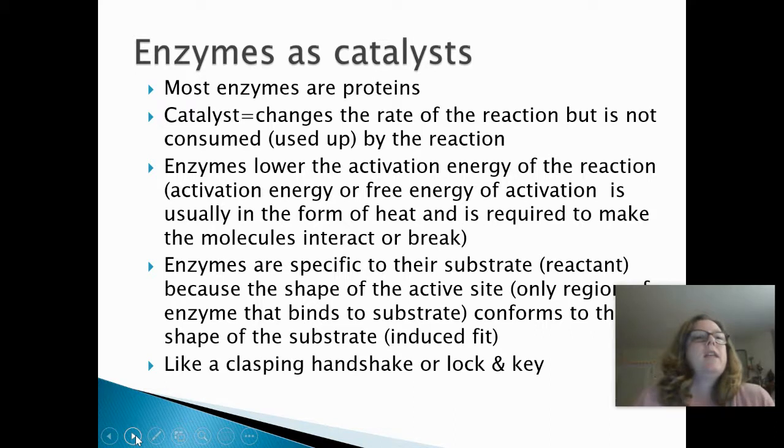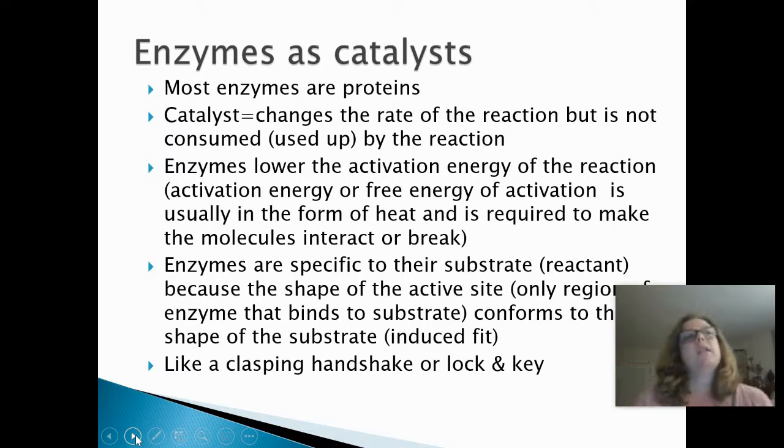All right, so enzymes act as catalysts, and what that means is that they change the rate of the reaction, but they're not used up by the reaction. So they're going to hold on to whatever it is that you're trying to react to allow that thing to react, but they themselves are not going to become a part of that reaction, which means that enzymes are reusable, right, because they can catalyze a reaction, let go, and then go grab something else and catalyze another reaction.